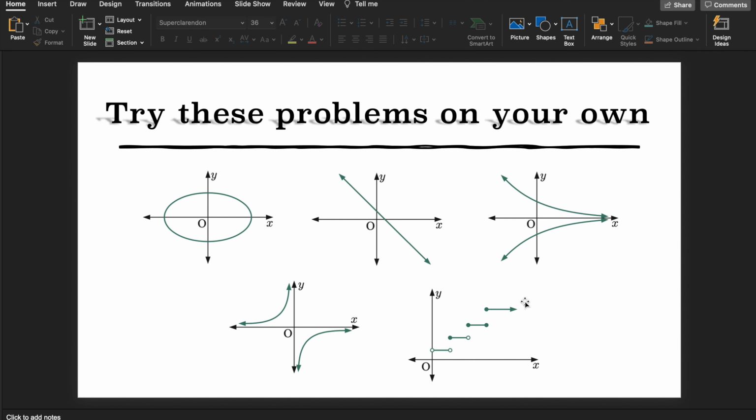This one was slightly tricky because I haven't really explained these points. Basically an open circle means that the point is not included. A closed circle means that it is included. And the arrow means that it will continue in that direction.